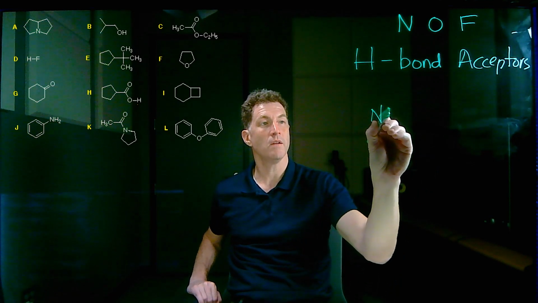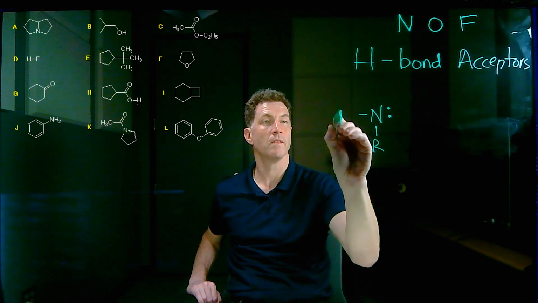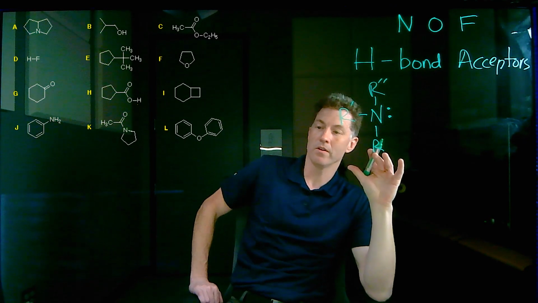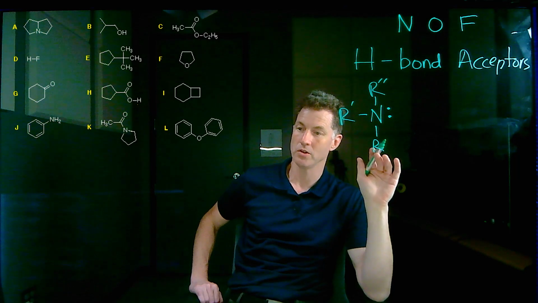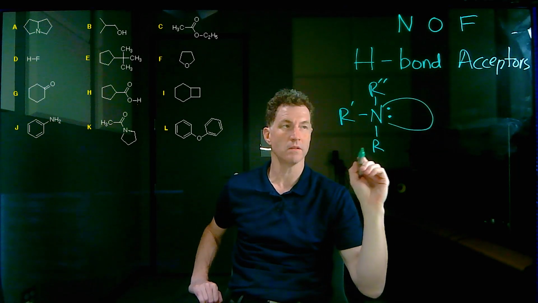So anything where, in the case of nitrogen, we can have three other groups bonded to that nitrogen, as long as they're not a hydrogen atom, this will make it an acceptor-only situation.